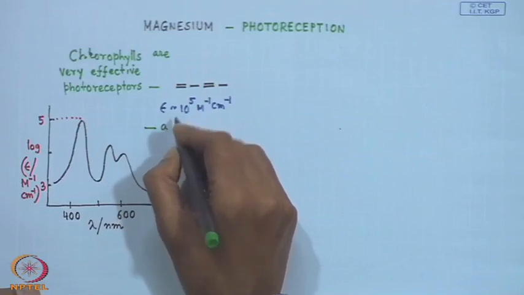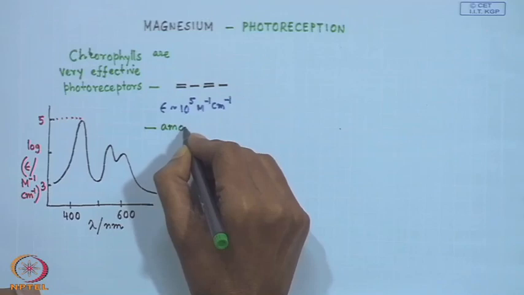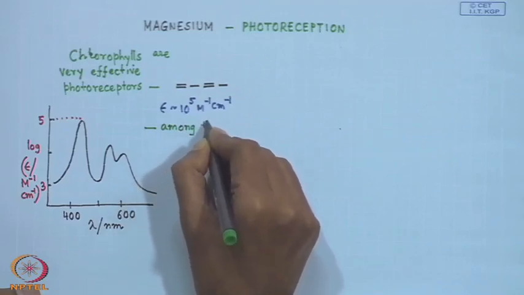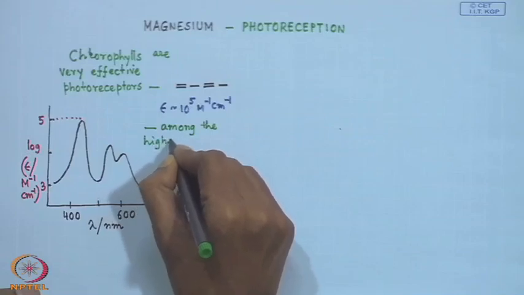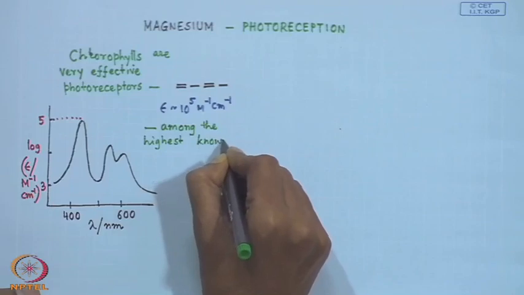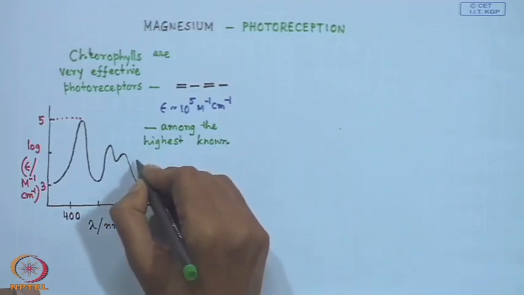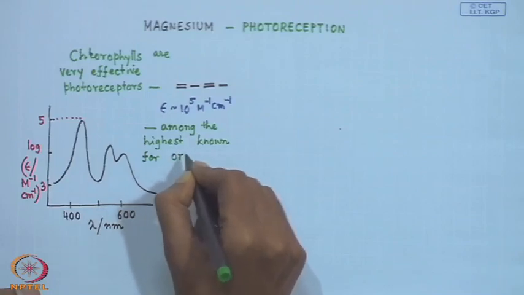This molar absorptivity is the highest possible molar absorptivity it can show. The highest known value for any organic molecule.